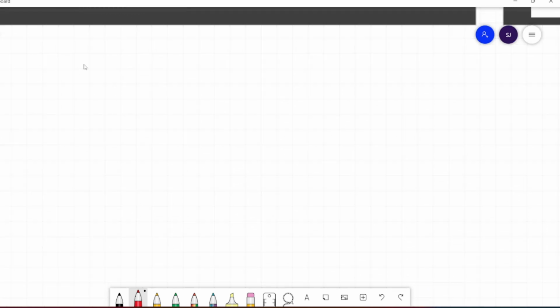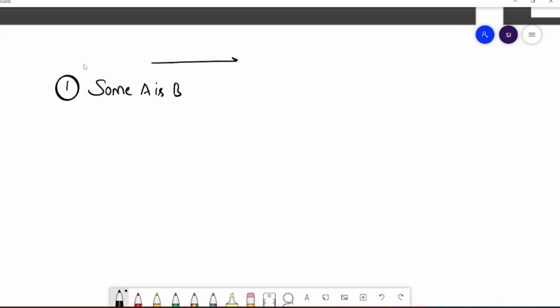In syllogism, we should know three simple principles. The first principle is some A is B. Representing this principle in a diagram is very essential in solving syllogism.